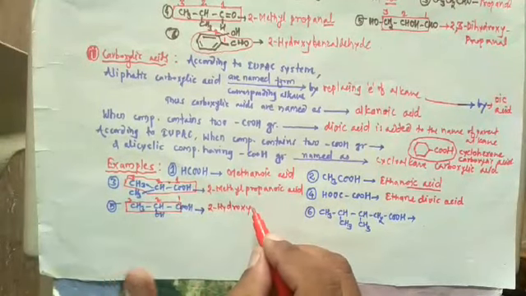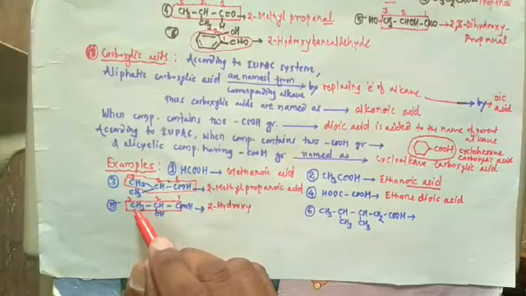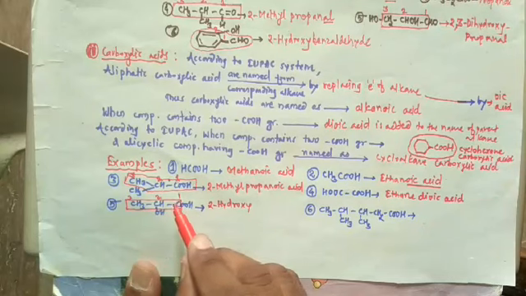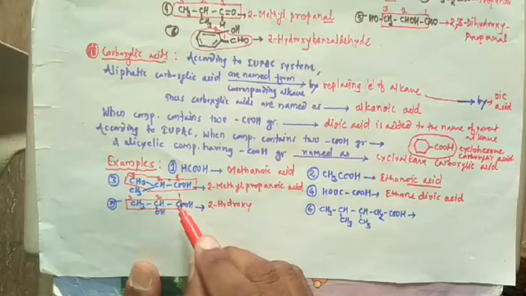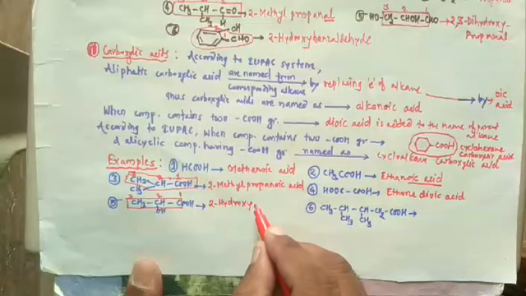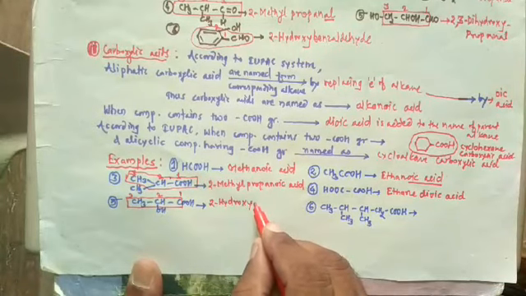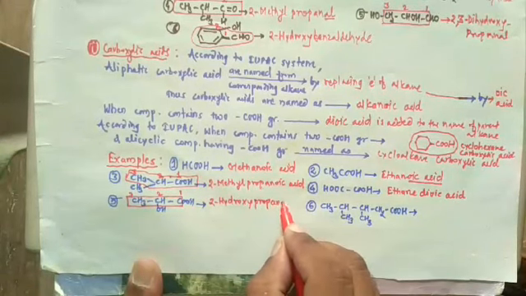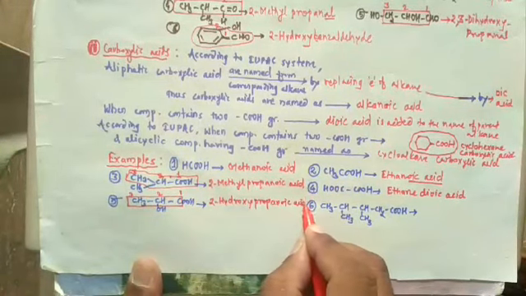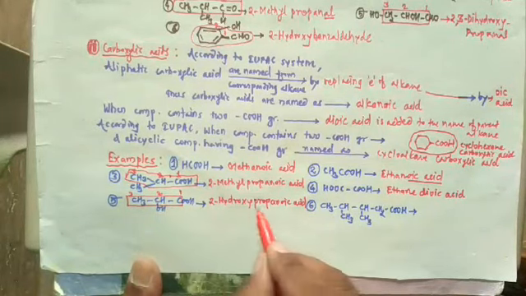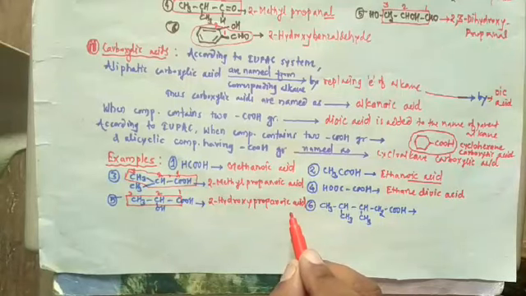The selected chain contains 3 carbon atoms, so the parent alkane is propane. Replace the final letter E of propane by OIC acid, so the name is propanoic acid. So the IUPAC name of this compound is 2-hydroxy propanoic acid.